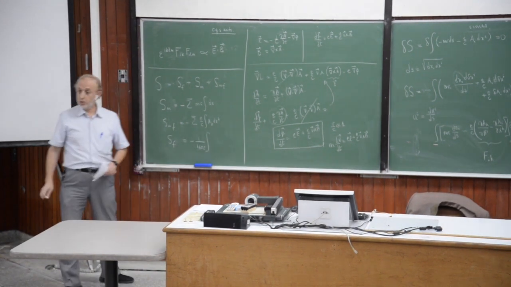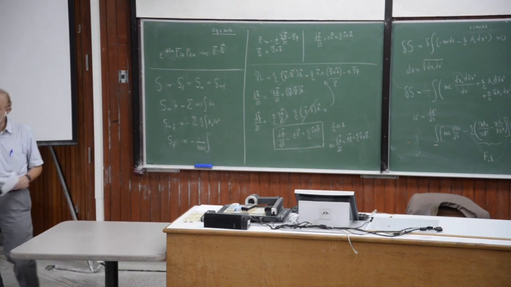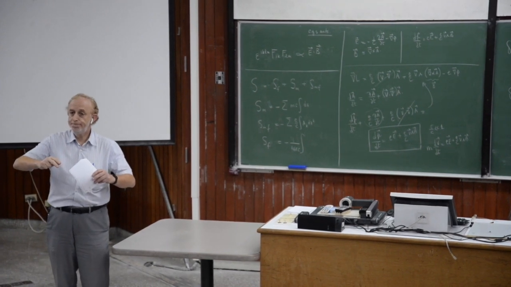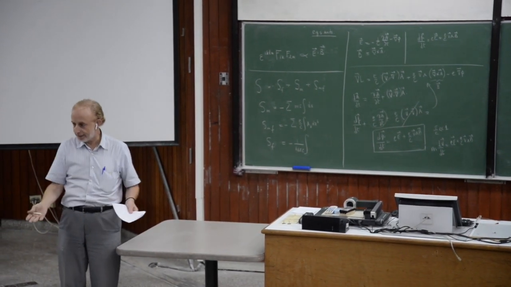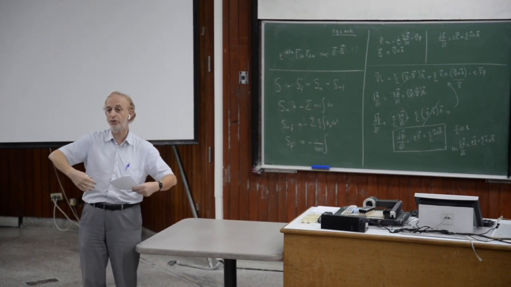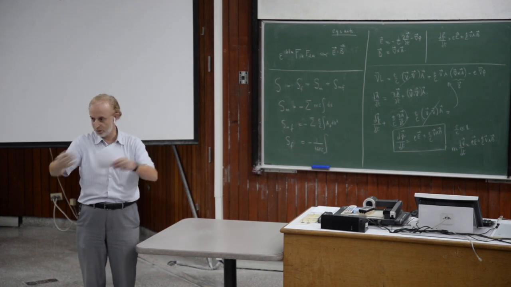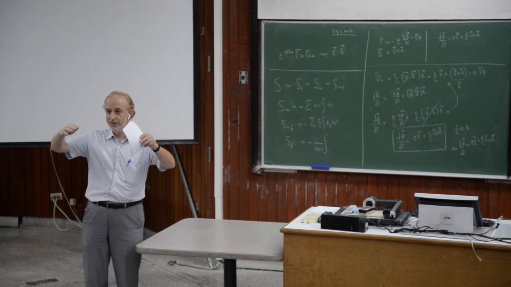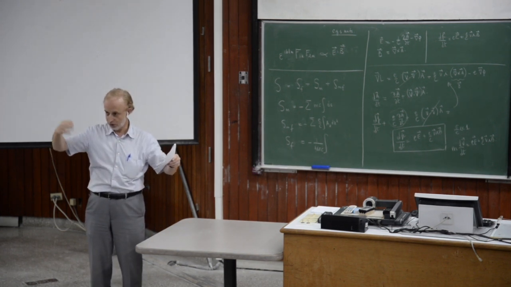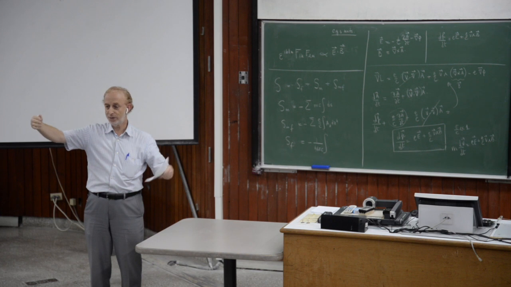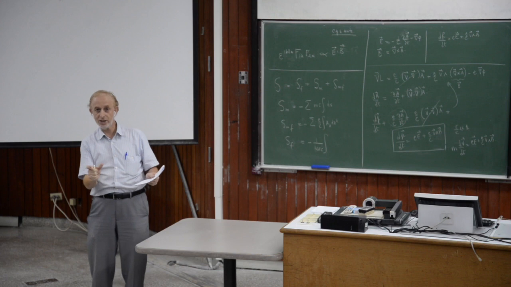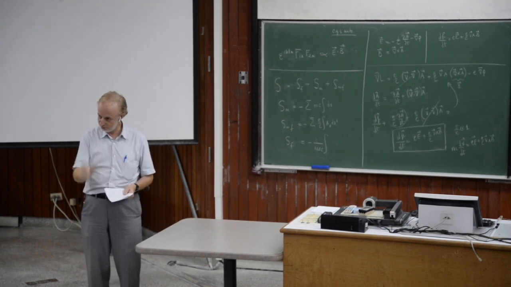Now, because it's a field, my action will be the integral over an action density. I would like to write it as a four-volume integral, so that the d4x, which is dx, dy, dz, dt, is an invariant in the Lorentz transformation. We know that, okay? So what remains is also a Lorentz scalar.